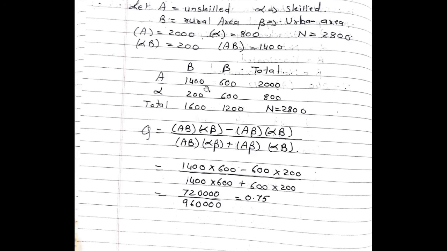So we will find the remaining class frequencies. First of all, get this value 2800. Alpha is already given, so 800. So 2000 minus 1400 will give you 600.